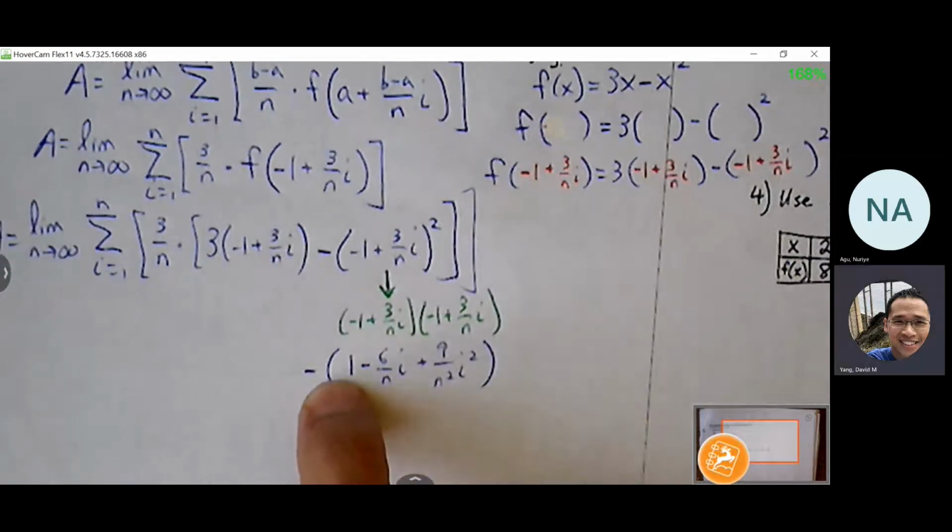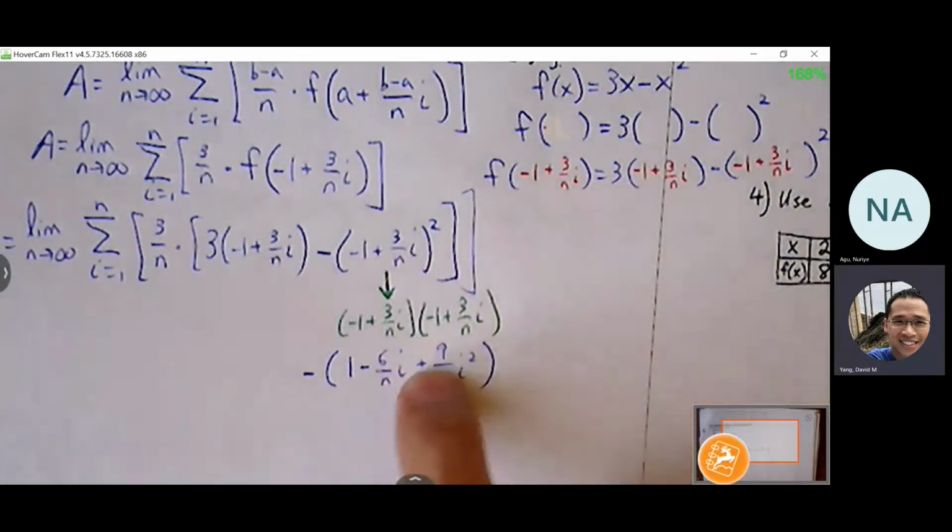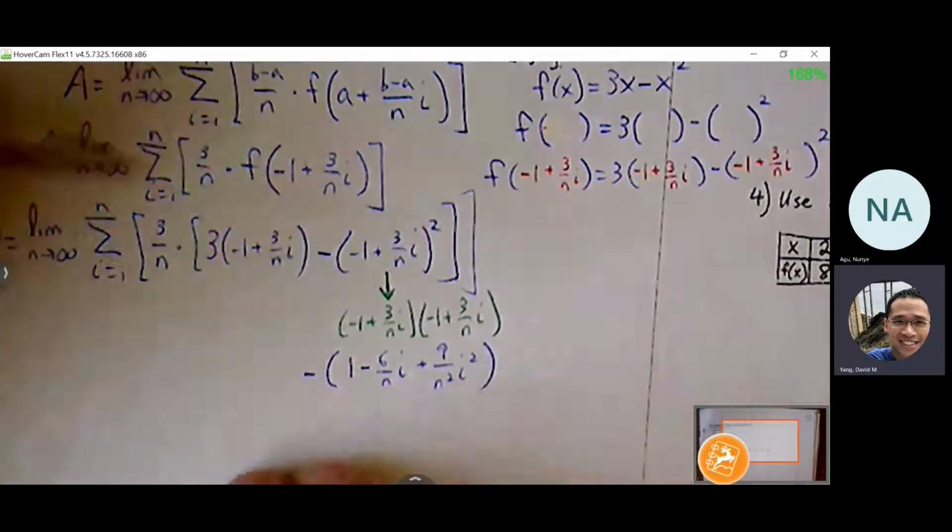I'm going to wait to distribute the negative through. I'm just trying to get this binomial square to be a little bit more cleaned up.